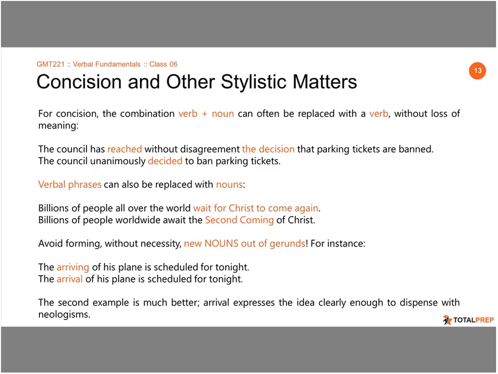Let's take a look at concision and other stylistic matters. For concision, the combination verb plus noun can often be replaced with a verb without loss of meaning. "The council has reached without disagreement the decision that parking tickets are banned." "The council unanimously decided to ban parking tickets."